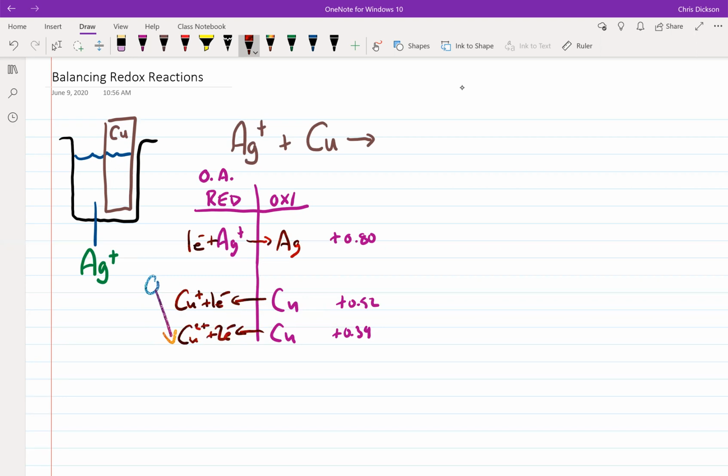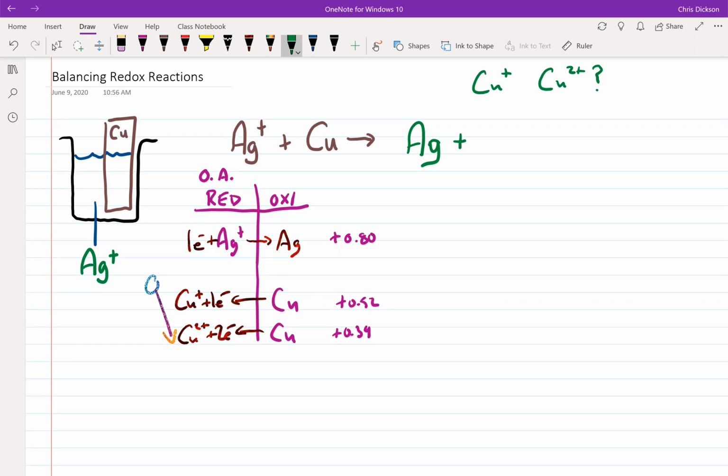So basically, I know for sure that the silver ions are going to turn into silver metal. But what I'm unclear about is what happens with the copper. Does the copper get turned into Cu1+, or does it get turned into Cu2+?